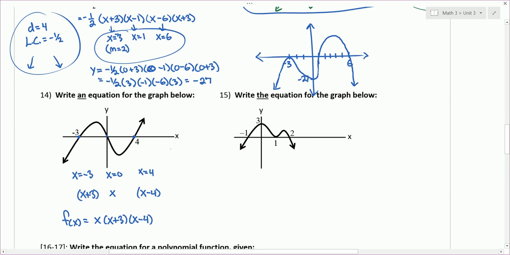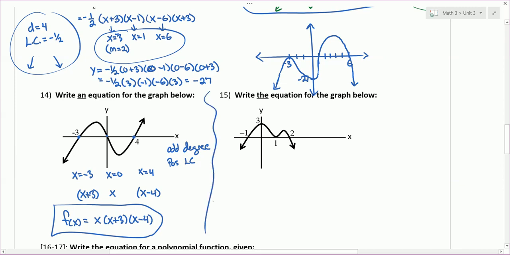So we need an odd degree. And because the right side's pointed up, we need a positive leading coefficient. And we have that. So this works. I could also put the number 2 in front of the x, it would still work. So there's more than one possibility here.